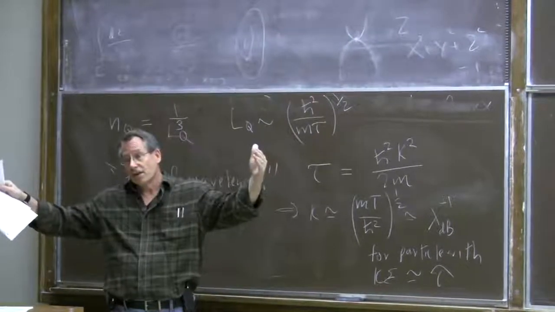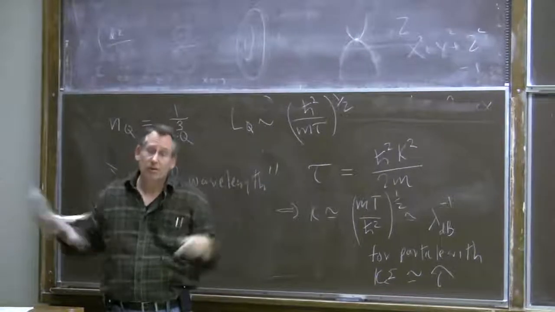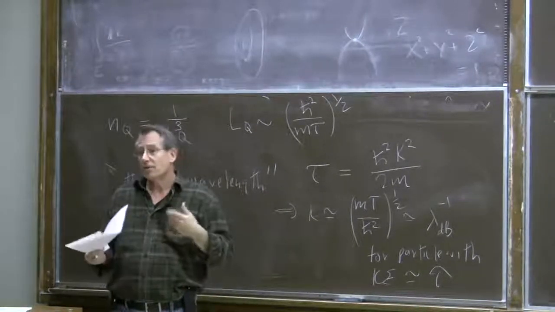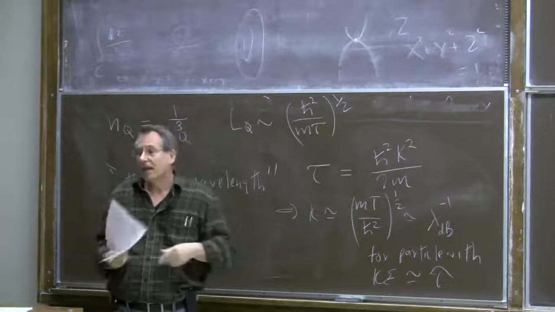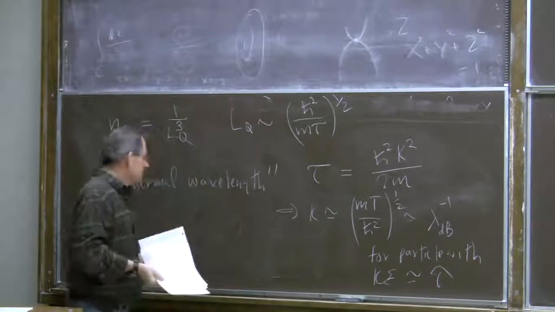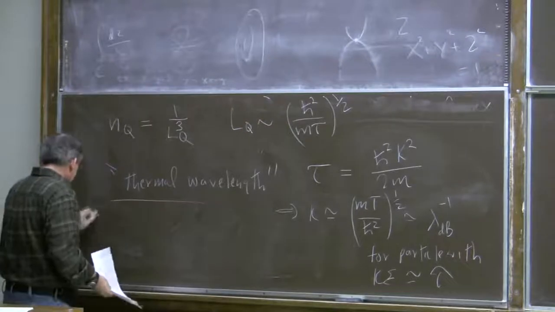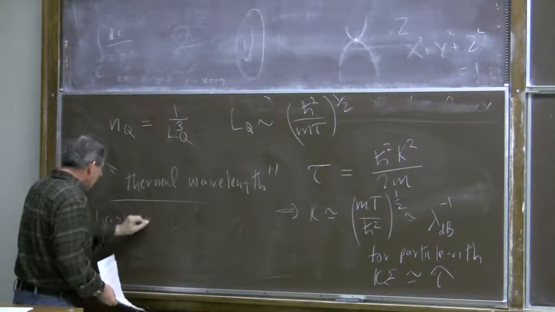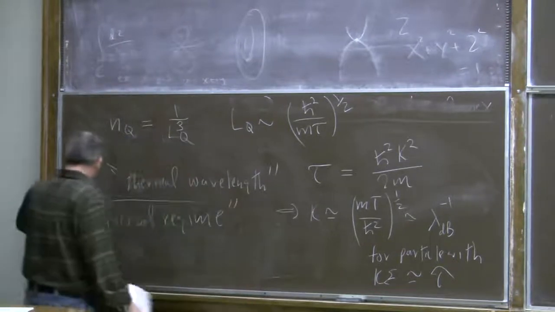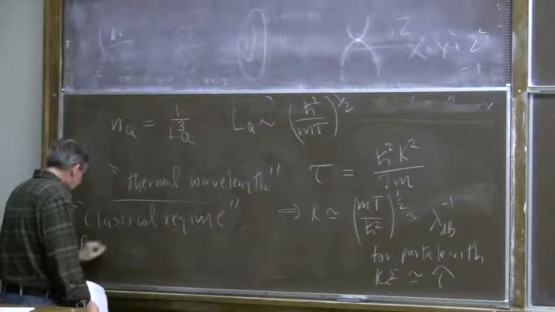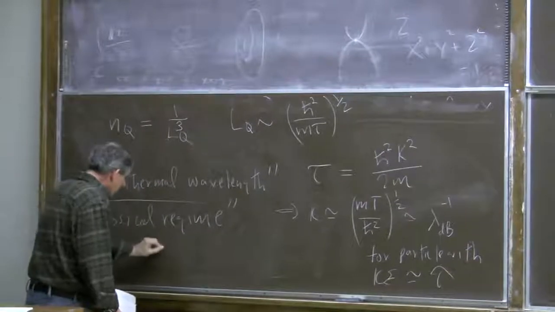So in some sense, the quantum effects, the fact that the particle behaves like a wave, should be a small effect because the box is much bigger than the wavelength. So we're kind of in a classical limit. Okay? I'll call that the classical regime: box much larger than wavelength.